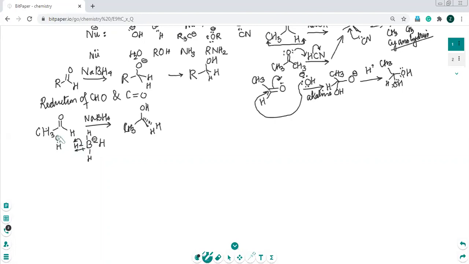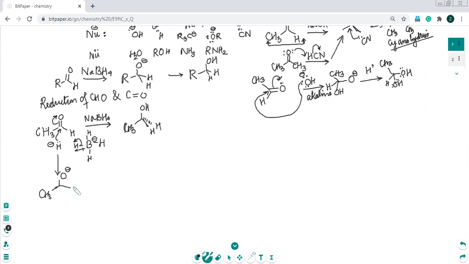And that H minus is attacking the carbonyl carbon, which is electropositive. So the carbonyl carbon is electropositive, and now this gets polarized. So what you get via the mechanism is CH3 C single bond O. Now try to follow this very, very carefully.